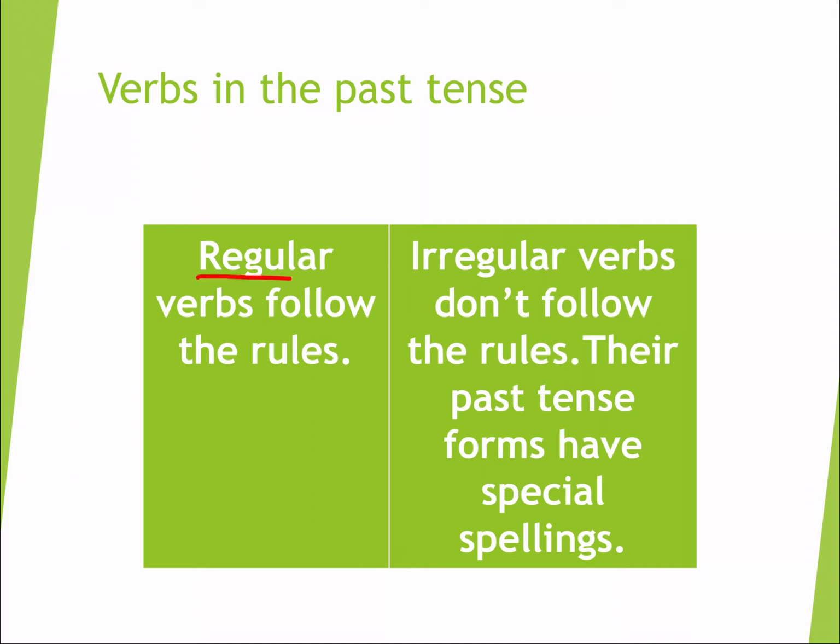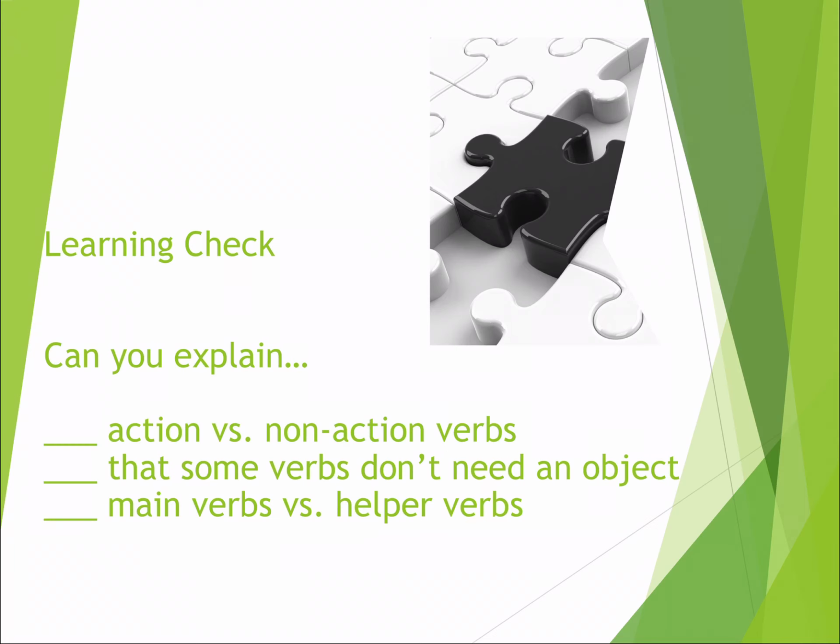That means they follow the grammar rules that you'll learn about in your book in terms of spelling. But irregular verbs, these verbs are not regular. They don't follow the rules. So their past tense forms have special spellings. Your book will provide a list, and you'll have to study those on your own. So you'll hear those words come up, okay? Regular verbs versus irregular verbs. Okay, that's all for now.